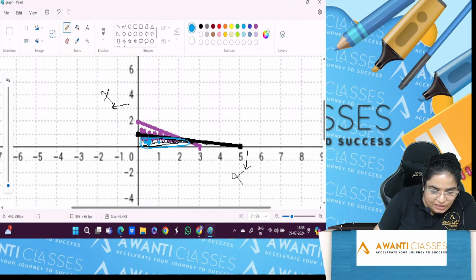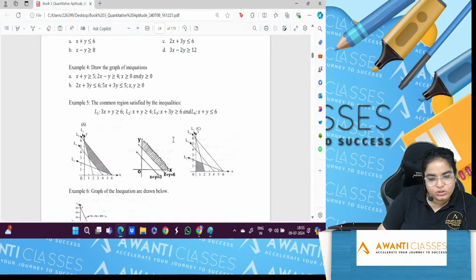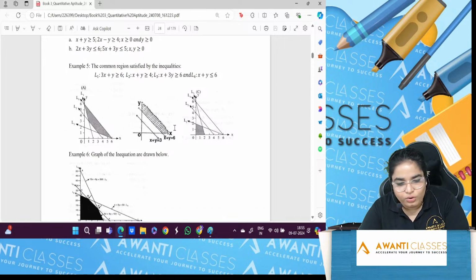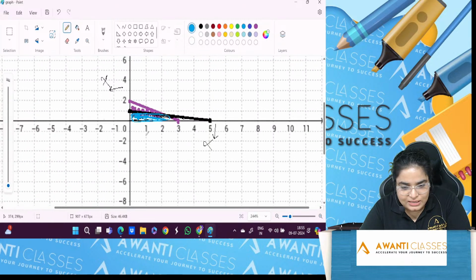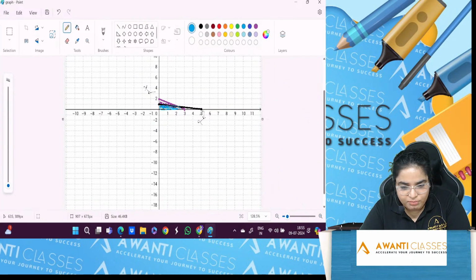So this tiny area, if you are able to see, this little area where both of these things are common, will satisfy both the inequalities. Whenever there are two inequalities, for example, let us see this in a different manner.